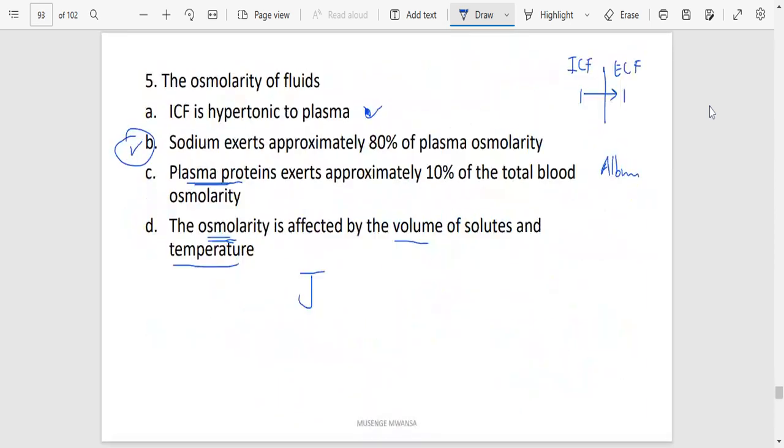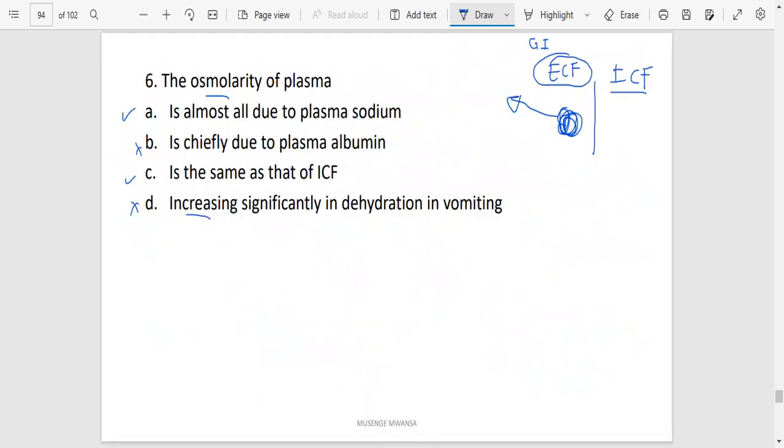So if this was multiple choice and I was to pick an answer, you have now to debate between this one and this one. The plasma osmolarity is the same as that of ICF, or is almost all due to plasma sodium. Well, all of them are more or less correct, but if it is just one answer choice, you have to pick only one.